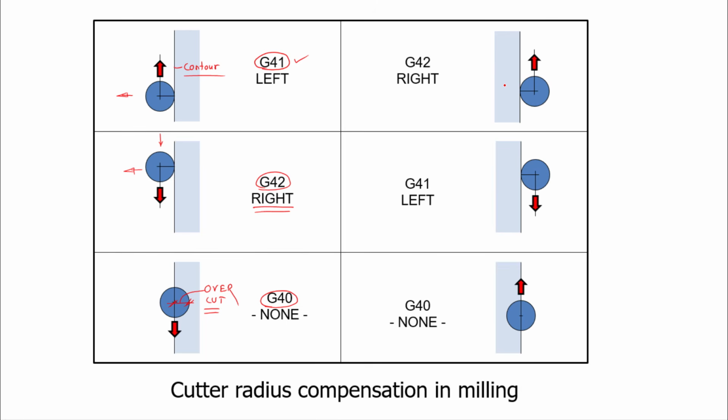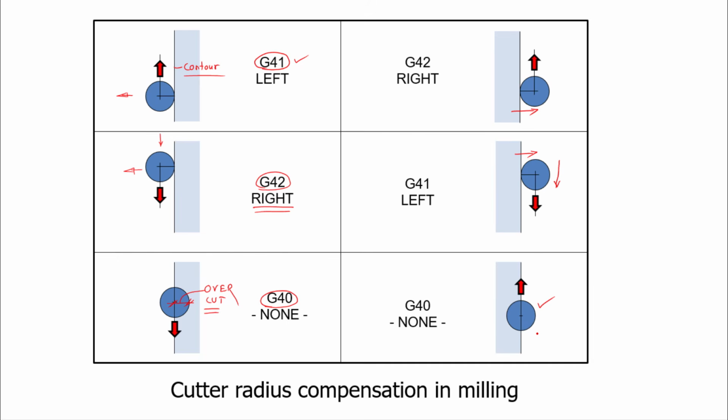So here the same thing has been shown. Now the contour is on the left side, and we are moving from bottom to top. The radius compensation is along the right direction. When we are moving in a downward direction, the compensation is towards the left of the tool path.